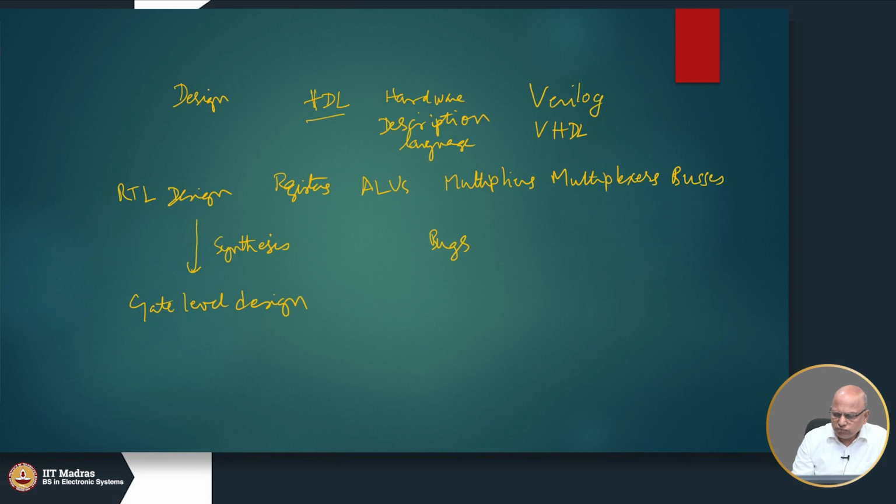Verilog, for example, has a lot of similarity to C language. And when we are writing the HDL, we may make a lot of errors. Not syntax errors, these are functional bugs that we have introduced.